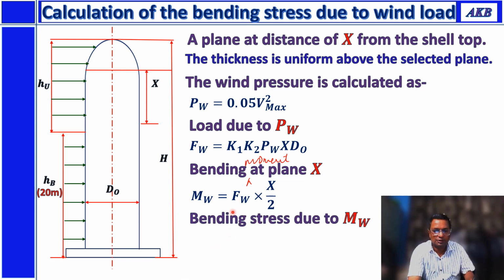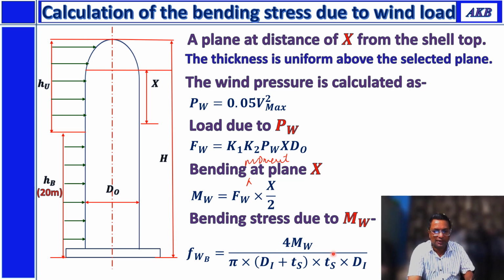Okay, and then this bending moment will result in bending stress, that will be given by this equation. Fwb is equal to 4 Mw divided by pi into (Di plus ts) into Di, where Mw you are getting from this equation. Di is the internal diameter of the column and ts is the thickness of the column.